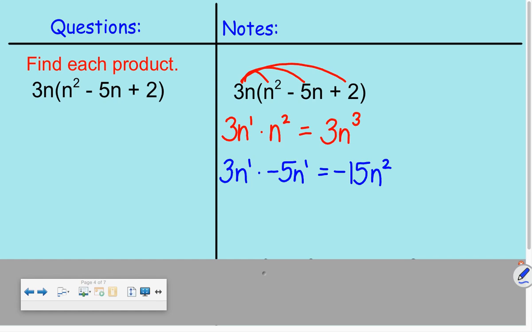So I think it'll help you if you just get in the habit all the time. If there's no exponent next to the variable, write one in, write a 1. And then 3n times 2 is 6n. And when you write your answer, you have 3n to the 3rd minus 15n squared plus 6n.